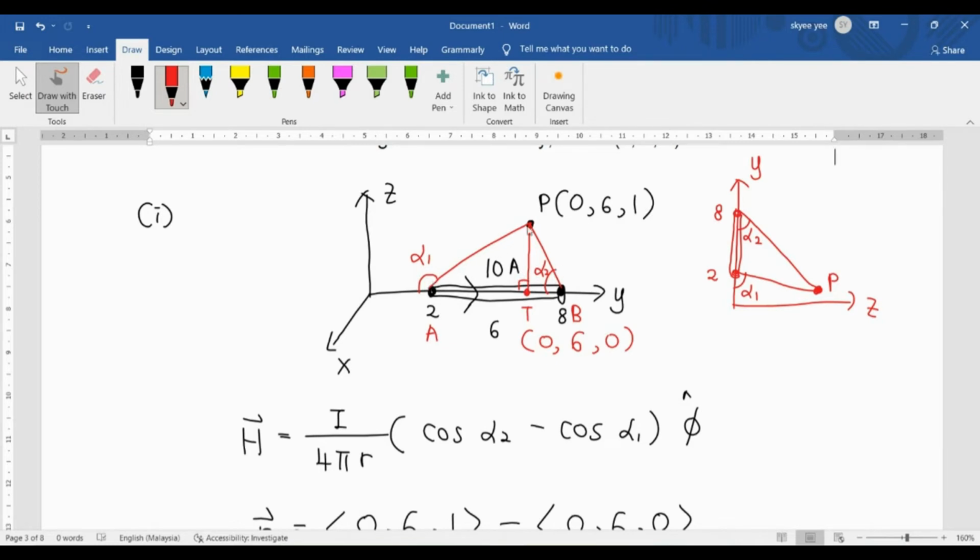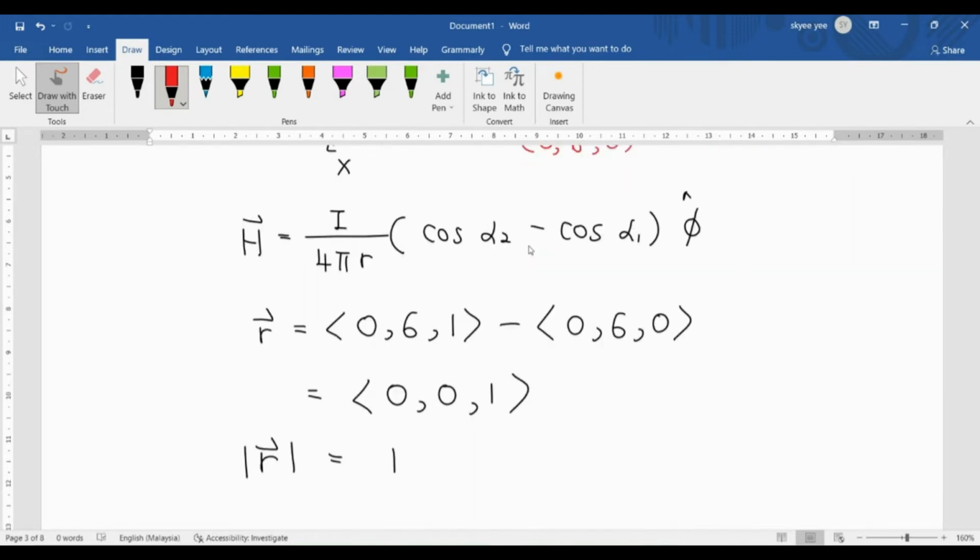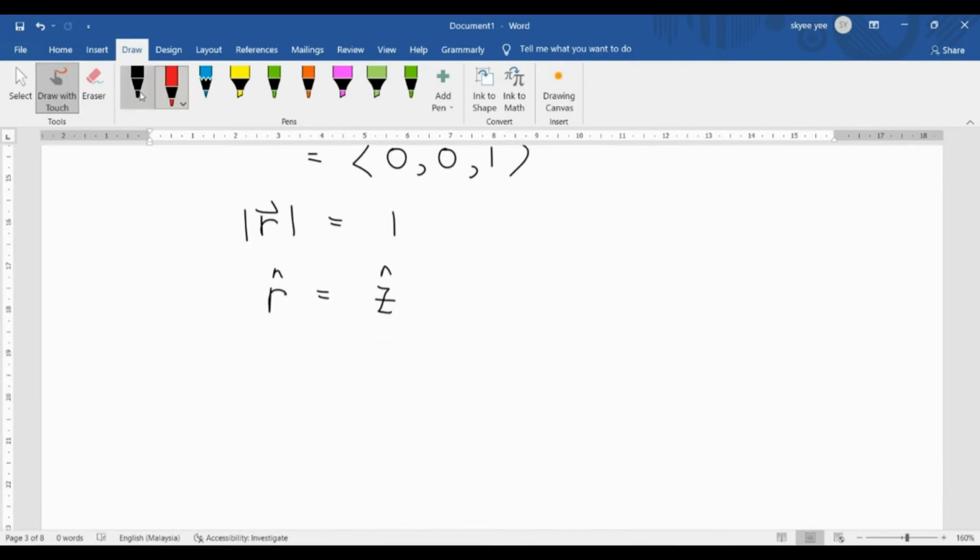For alpha 1, you can get it by referring to this triangle. Let me draw it up. This is your point P, this is point T, and this is your point A. The value for A is 2, and for point T the value is 6, which means the length over here is 4.